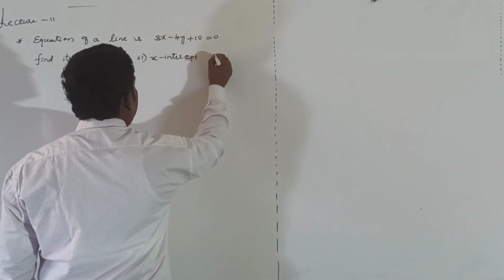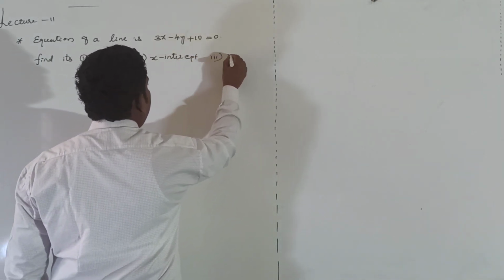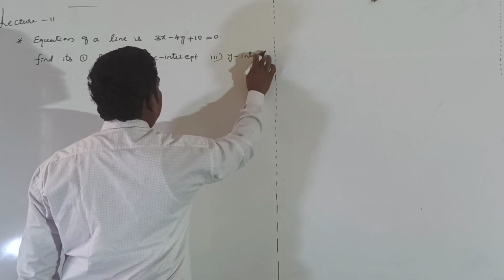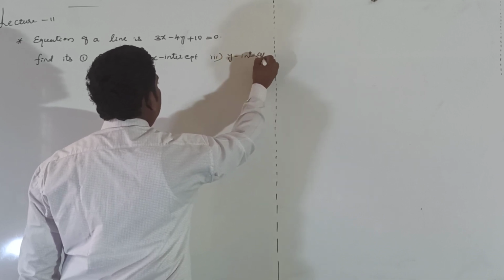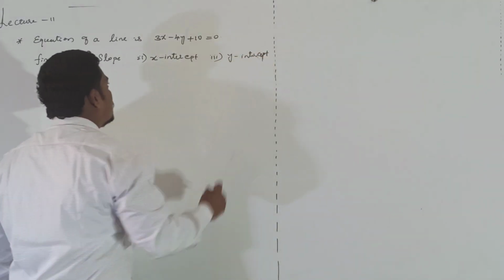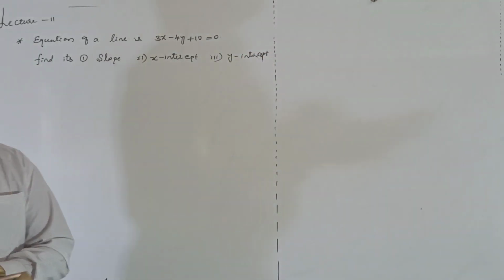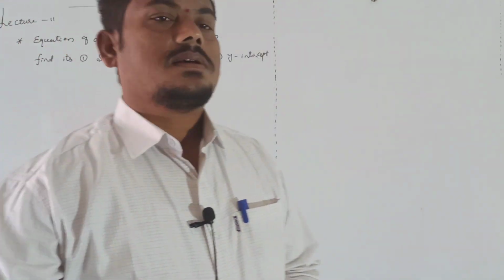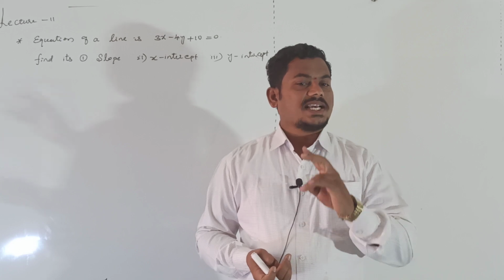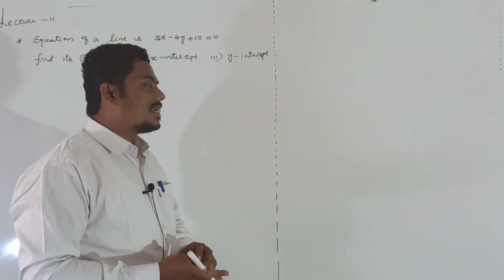And third question, y intercept, right? Clearly the equation of the straight line is given. We need to find slope, x intercept, y intercept, right?